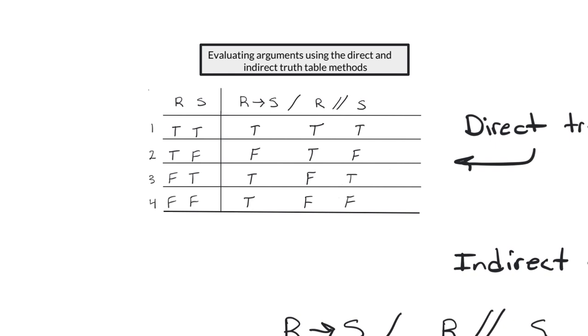That means that it's not possible for this argument to have all true premises and a false conclusion. And since we've included all possible combinations of truth values for the individual statements, we know that we've covered all possibilities, so we know it's valid.